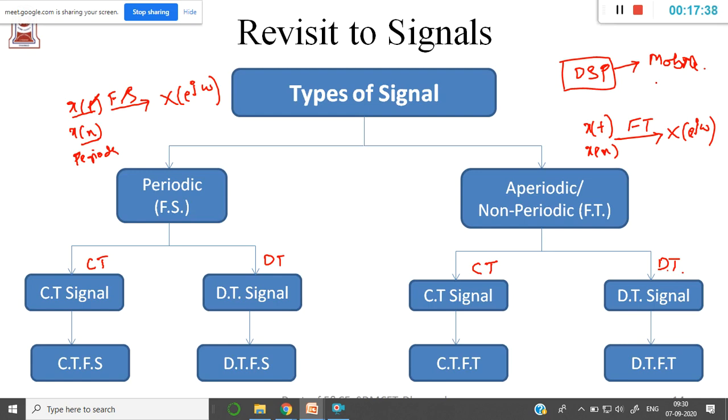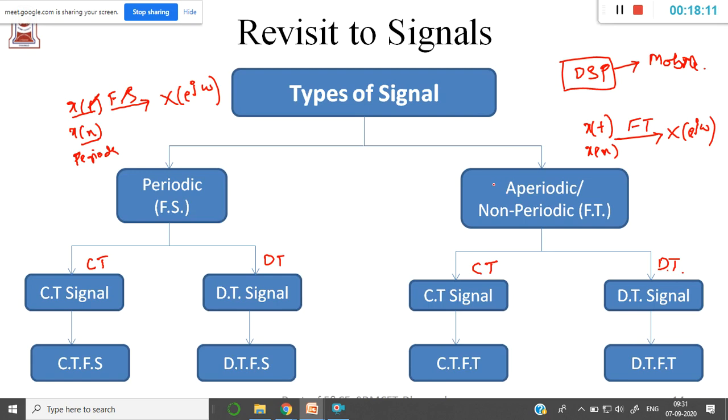If you observe those signals, are they periodic or non-periodic? Take your voice signal, your audio signal, any video signal. Will they remain the same with respect to frequency, or will those signals vary with respect to time? Definitely they will be varying with respect to time.